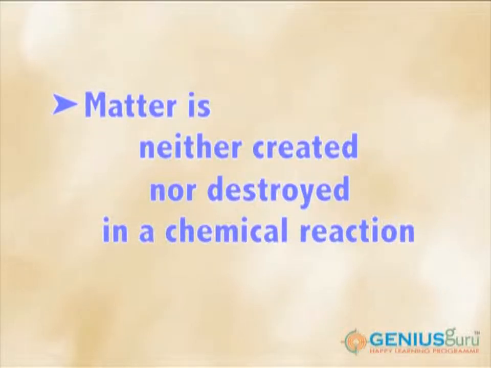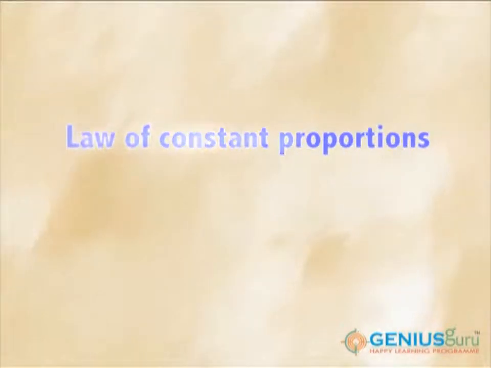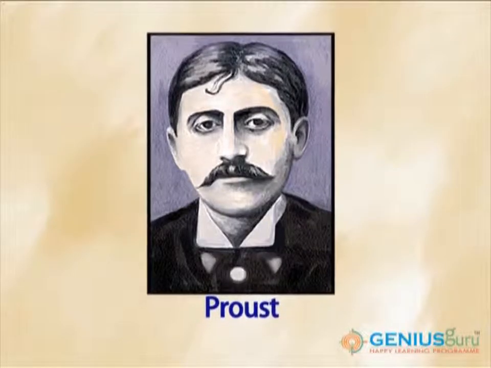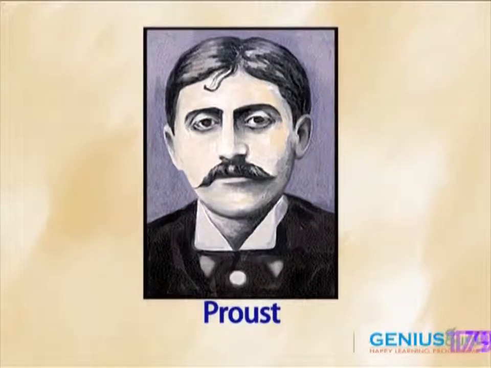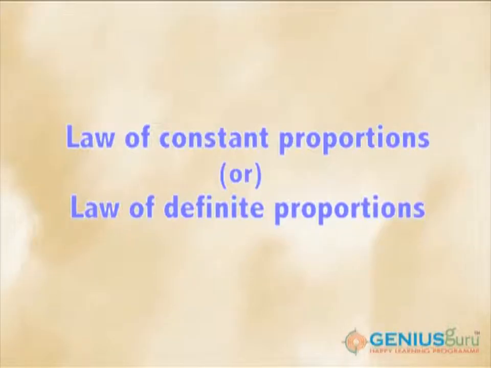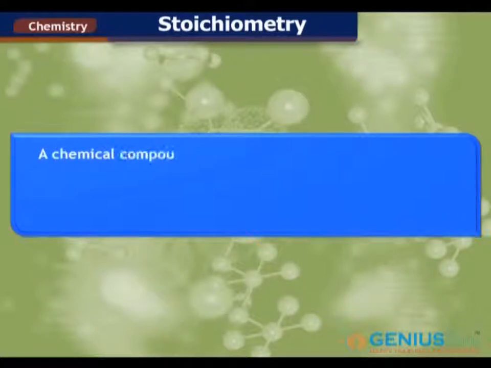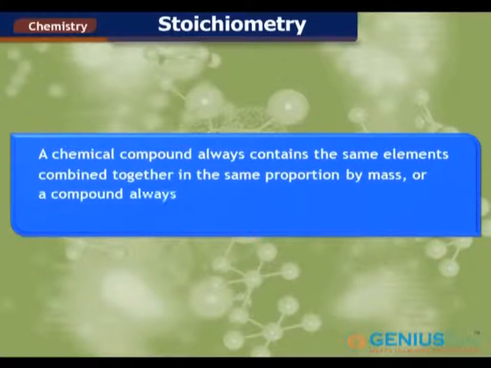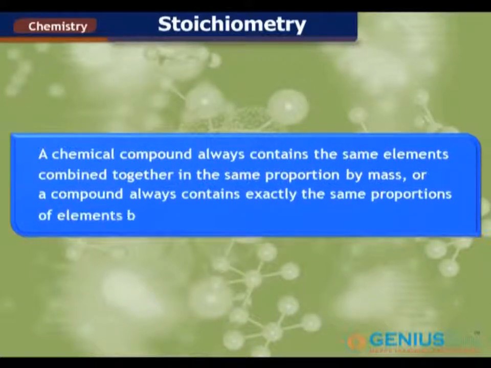Next, we are going to discuss the law of constant proportions. This is also known as the law of definite proportions. This was given by Proust in the year 1799. According to this law, a chemical compound always contains the same elements combined together in the same proportion by mass, or a compound always contains exactly the same proportions of elements by mass.